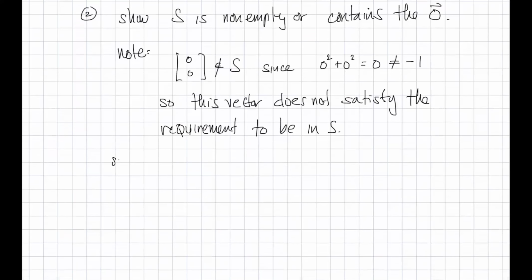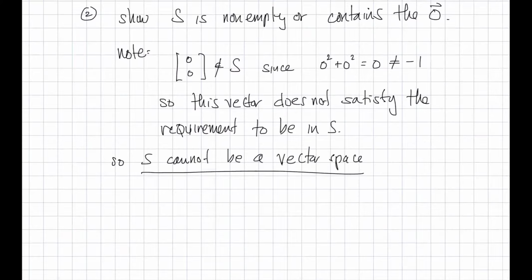So S cannot be a vector space. It simply doesn't contain the 0 vector. In fact, it's also empty.